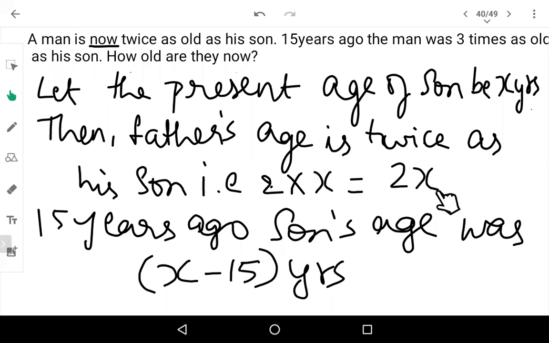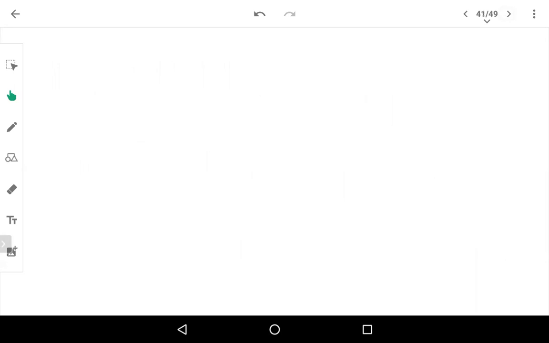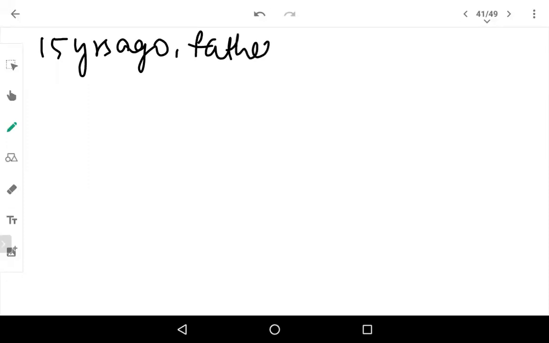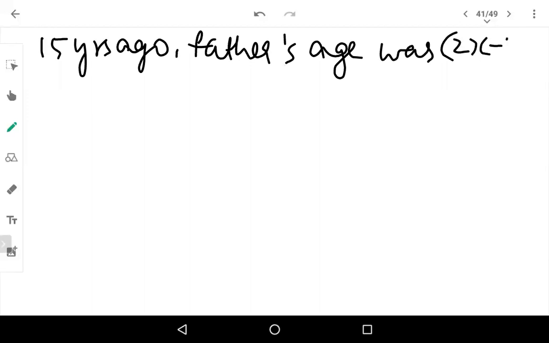Today, if the father is 2x years, 15 years ago he would be 2x minus 15. So 15 years ago, the father's age was 2x minus 15.